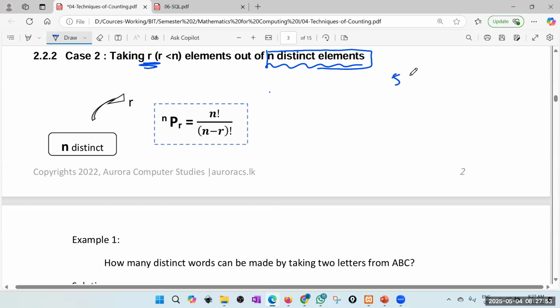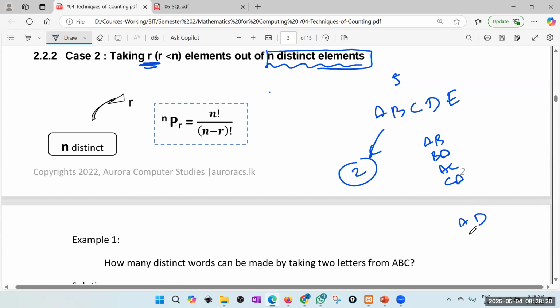Say we have 5 distinct elements, like A, B, C, D, E, but we take only 2 at a time and arrange linearly. How many ways can you arrange? One possible arrangement is AB, another is BA, because we take only 2, and maybe AC and CA, AD and DA, AE and EA, and BC and CB and BD, and so on.